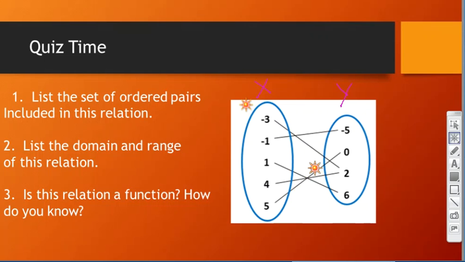Okay, so you're going to represent it as a list of ordered pairs. After you have done that, you are going to list the domain and the range of the relation. And then for number 3, is this relation a function? So I'm looking for a yes or no. And then you also have to have, how do you know? So not just a yes or no, but how do you know?